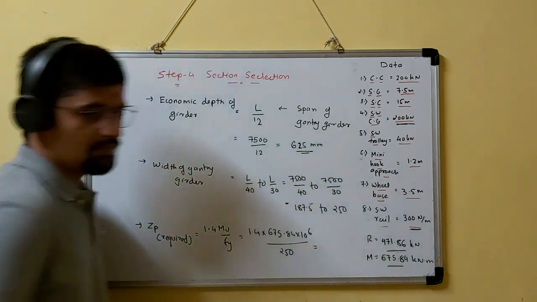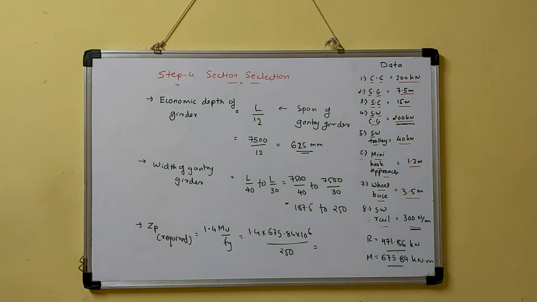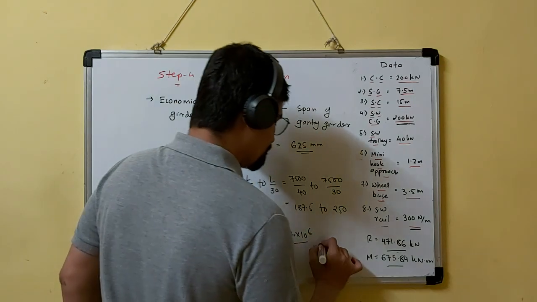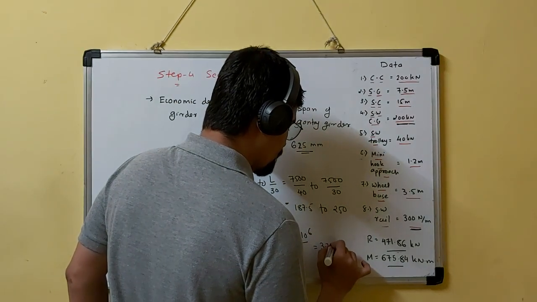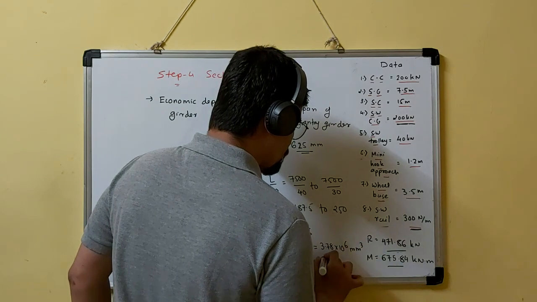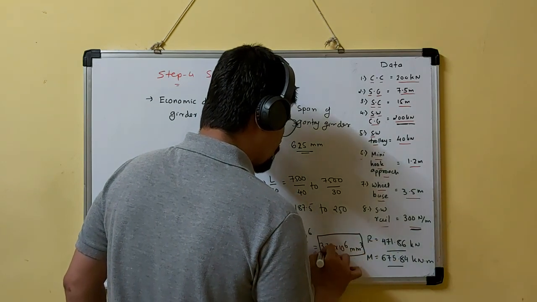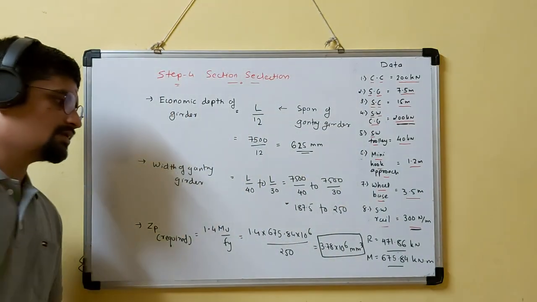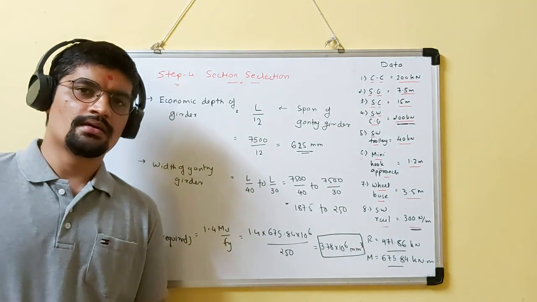The value of Zp will be 3.78 into 10 raised to 6 mm cube. This is the required Zp value.